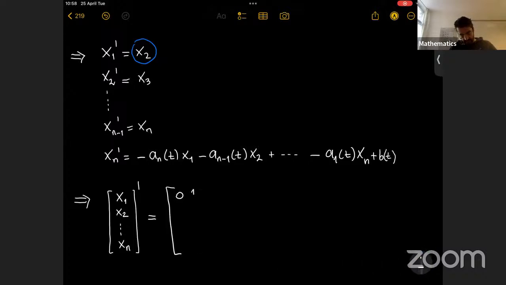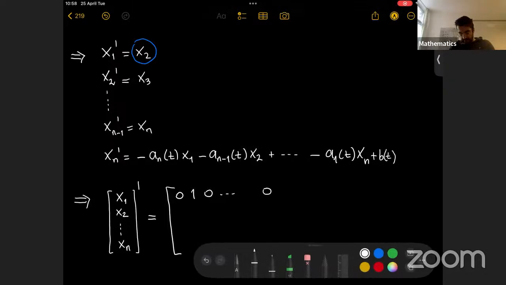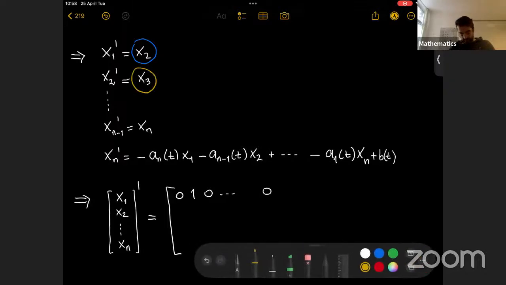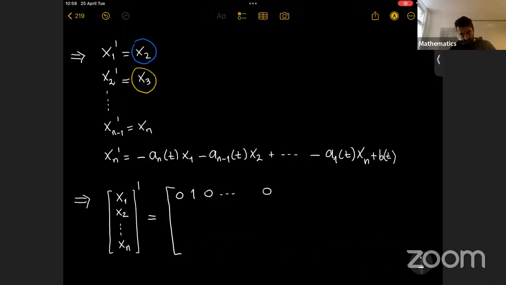For x2, we will have 1, 0, 0, okay? And next, we have here x3. That means the third entry will be 1 in the second row. 1, 0, and so on.